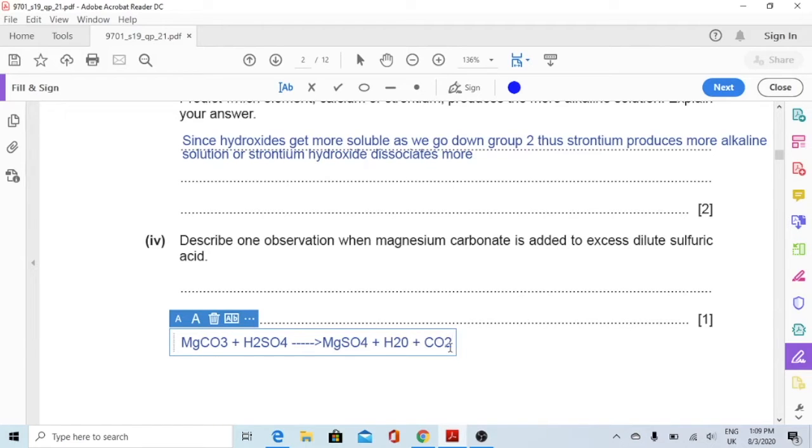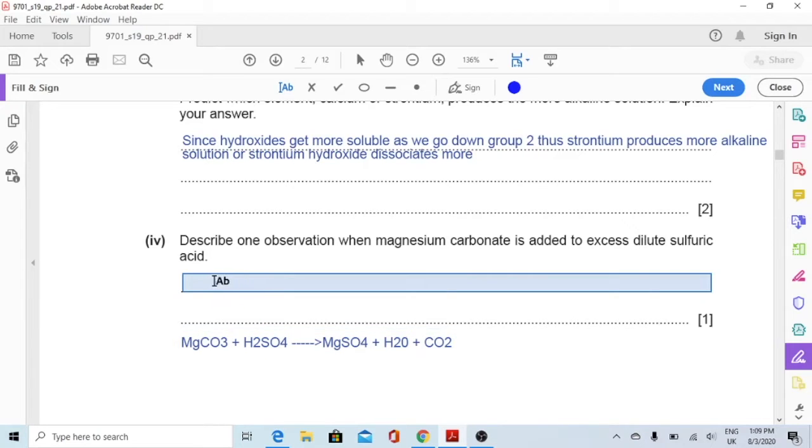This is in a gaseous form, and this will dissolve now, because MgSO4 sulfates get more soluble as you ascend group 2. As you ascend group 2, sulfates will dissolve more and more, because Mg has been placed a lot higher than any other elements in group 2, so it will of course dissolve in the solution.